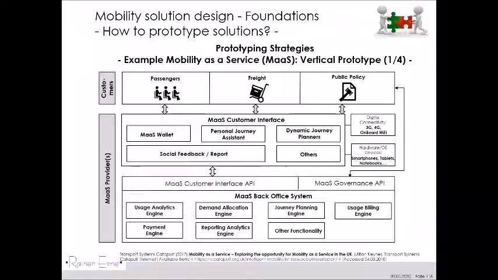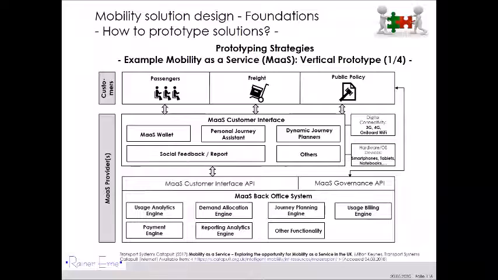You have perhaps a personal journey assistant, which shows you the routes you are going and all the connections which are possible when you are at a certain place. You might also have dynamic journey planners, so if public transport is late, what are options for the next journey? And you might also have the possibility to provide social feedback on the services which are provided.